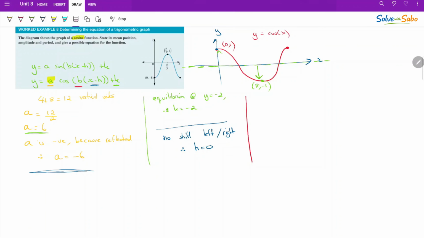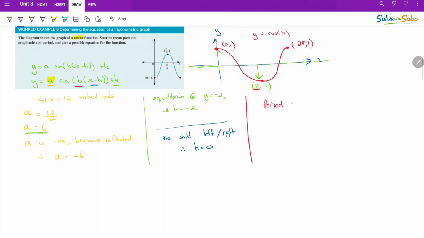Lastly, we're going to look at B. Now B is all about period. Normally, again, on a wave, we'd go from 0 up here, pi down here, and then we'd finish up here at 2 pi and 1. So our wave would finish up there at 2 pi, and half of our wave was here at pi.